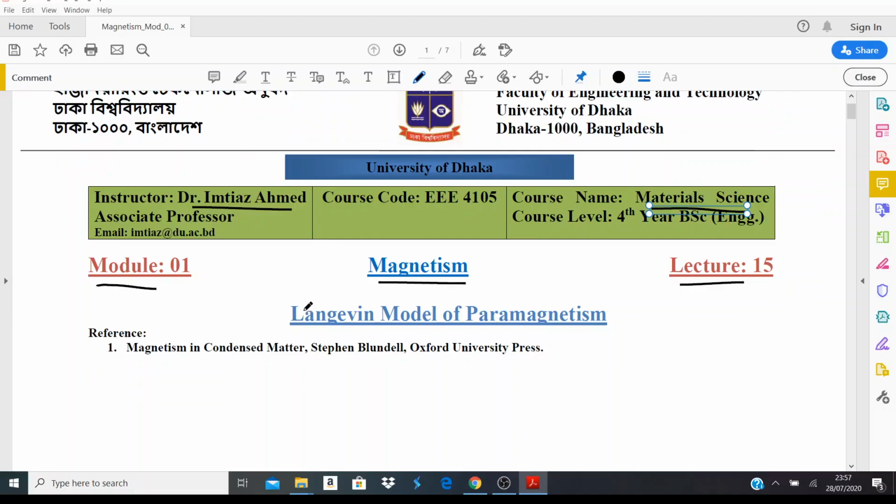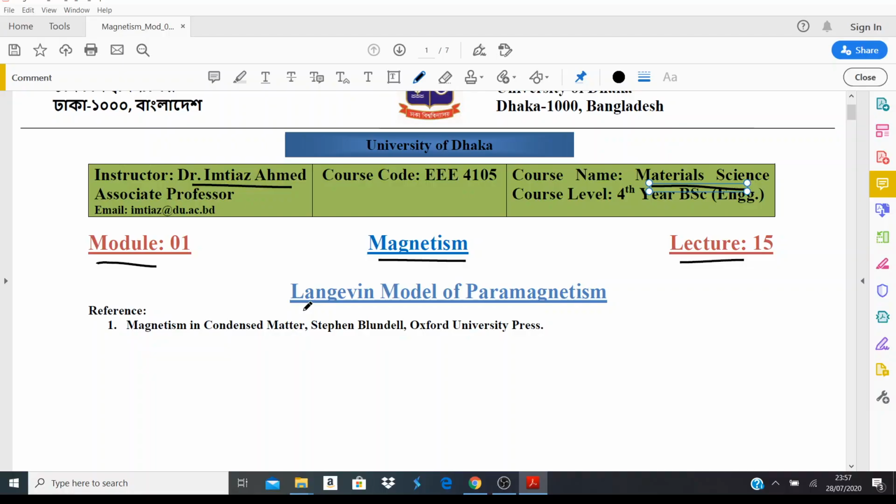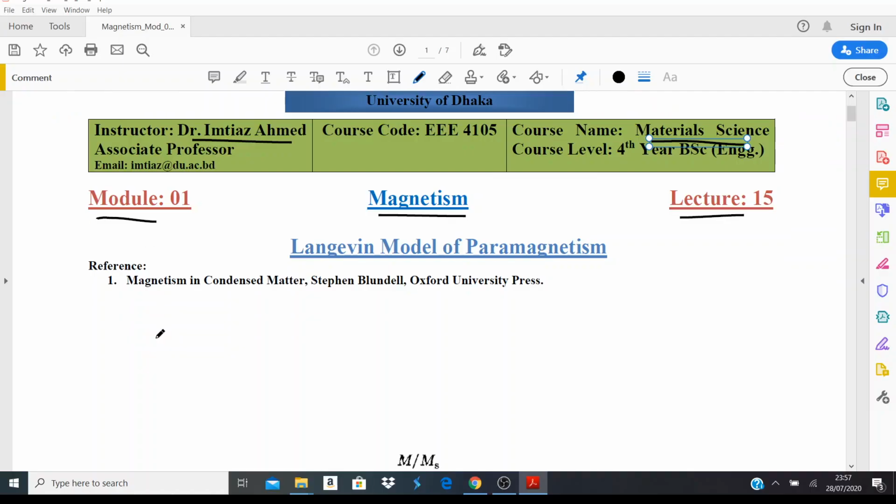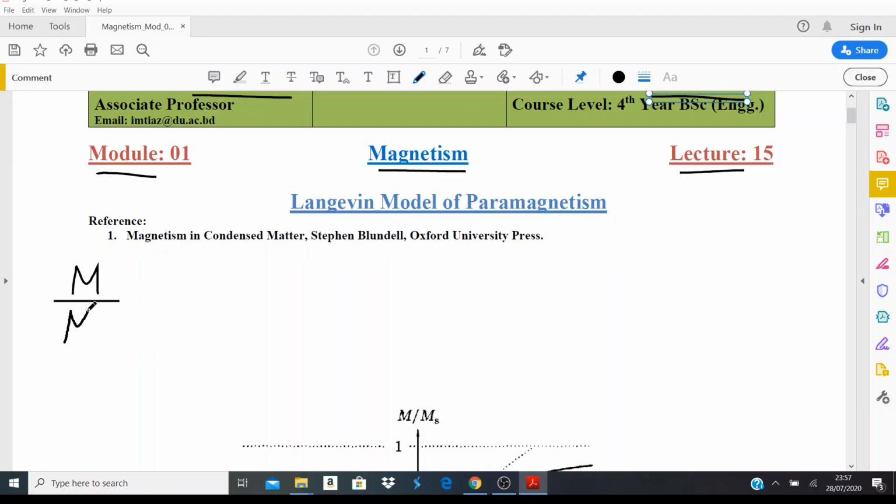If you recall, in the last lecture I discussed the Langevin model of paramagnetism, and I'm following this book Magnetism in Condensed Matter by Stephen Blundell. If you remember, I derived the expression for the ratio of the magnetization of a paramagnetic material to the saturation magnetization as a function, which is known as the Langevin function, right?